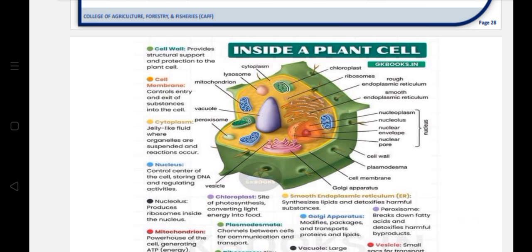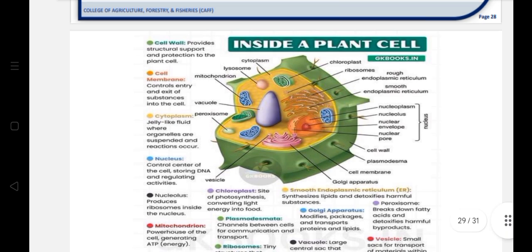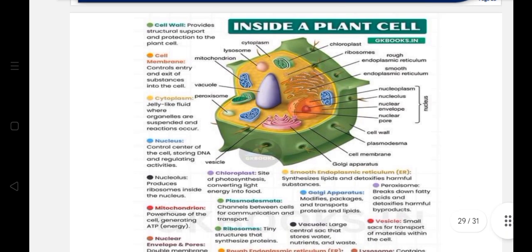So plant cells have a rigid cell wall made of cellulose, which gives them structure and support. So this cell wall is like a brick wall that keeps the plant standing tall. And plant cells also have chloroplasts, which capture sunlight for photosynthesis.